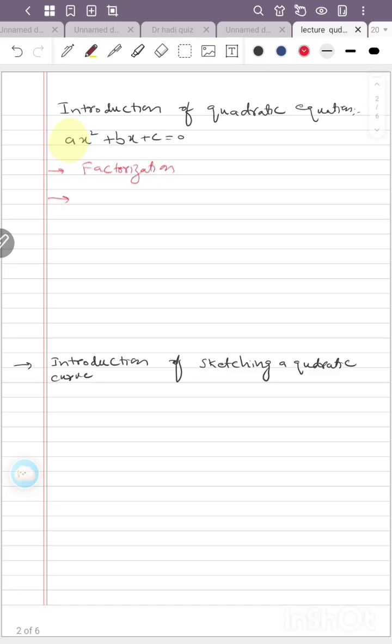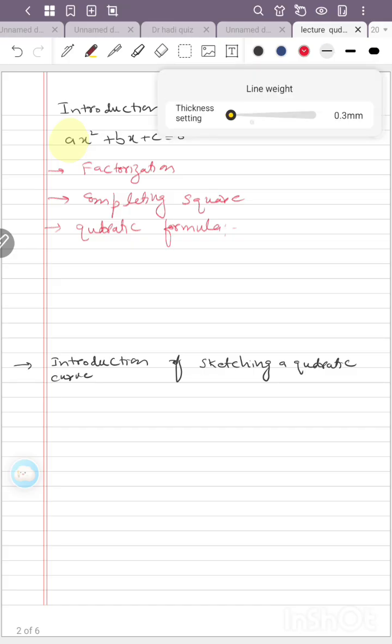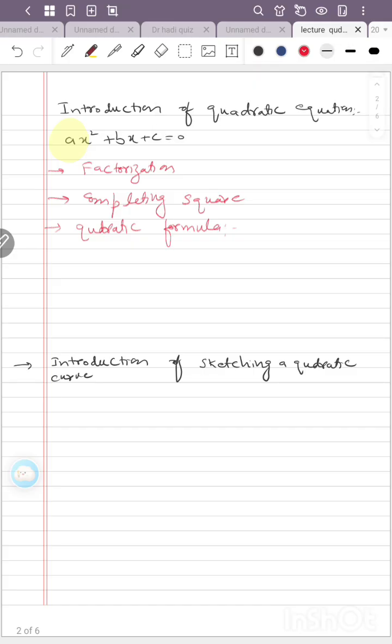The second method is solving by completing the square. The third method is to use the quadratic formula: x equals minus b plus minus the square root of b squared minus 4ac, divided by 2a. This is our quadratic formula.